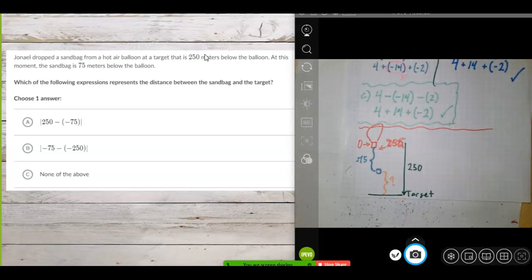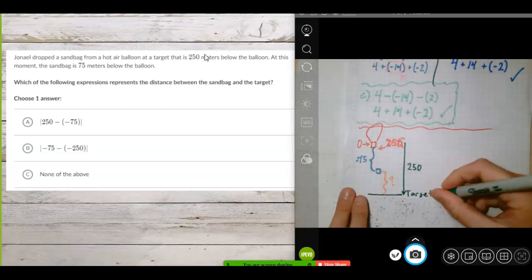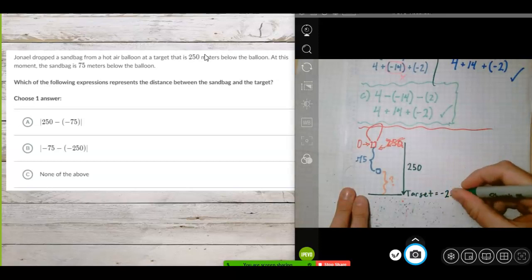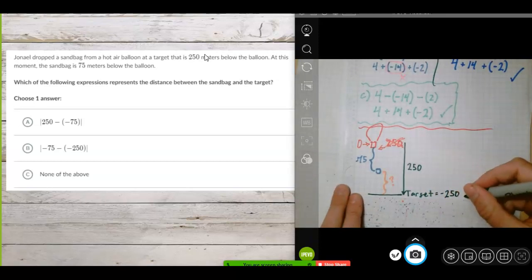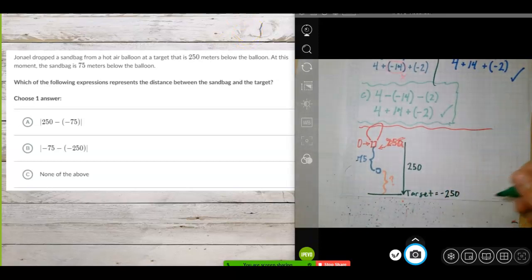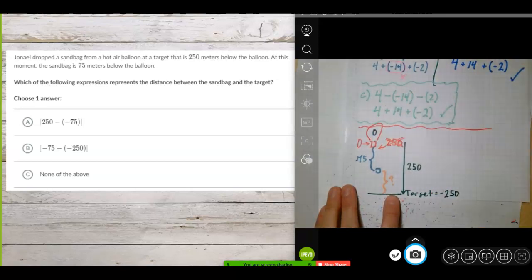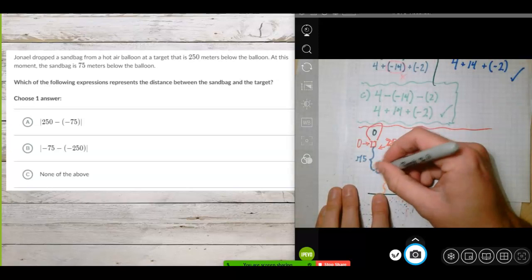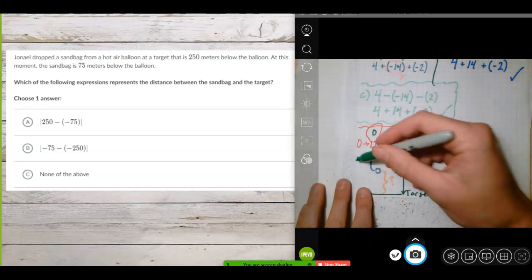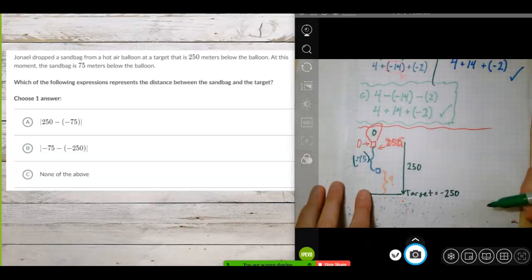The target is actually at negative 250 because it's 250 below. This is why we have to pay very careful attention to how things are phrased. We're using the balloon as 0. I'm even going to put a 0 in the balloon. We're using the hot air balloon as 0. We're using the sandbag location as negative 75. We're using the target as negative 250.